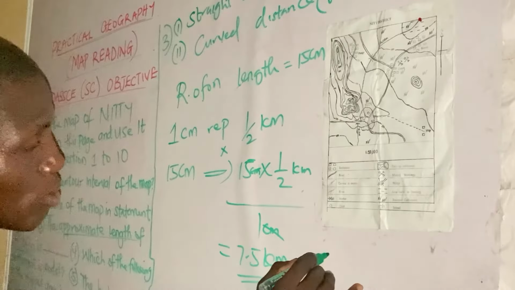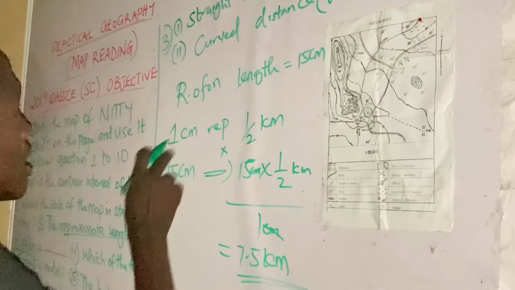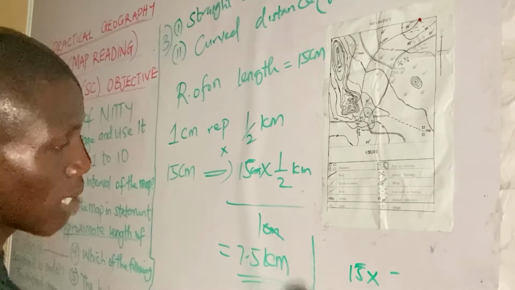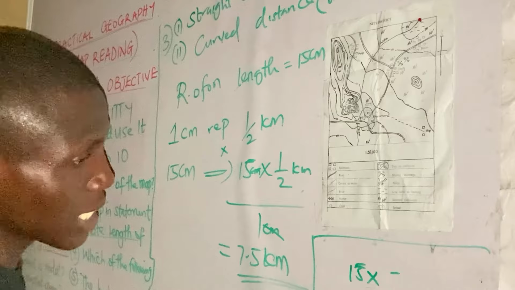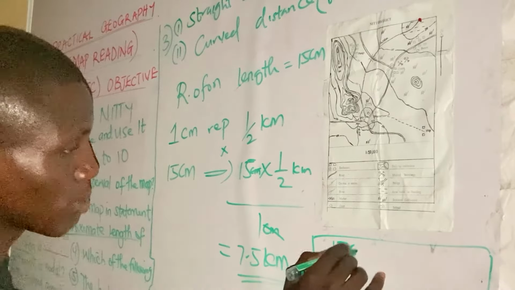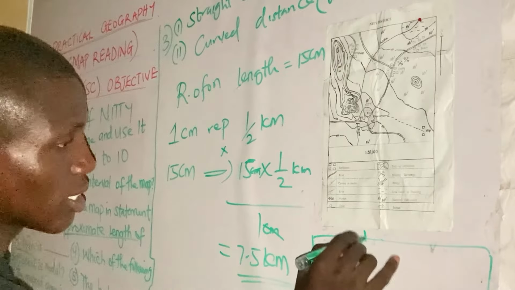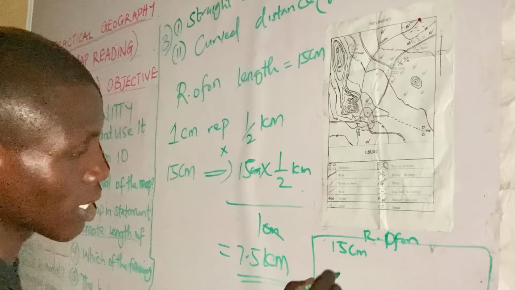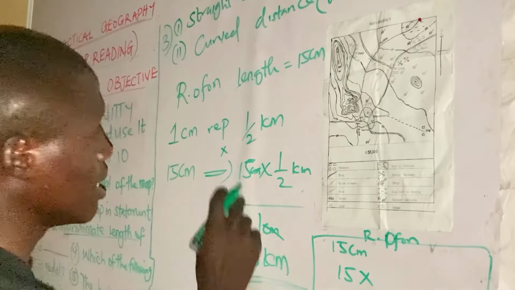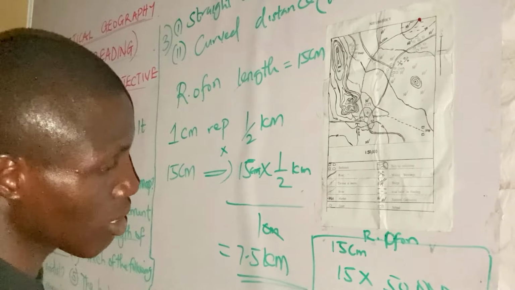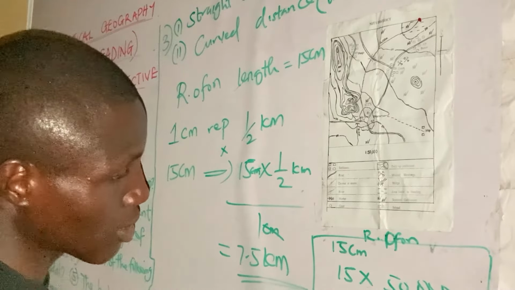What you just need to do is multiply what you get now, which is 15 times, using the scale directly instead of the statement scale. Since we get 15 centimeter to be the river, 15 multiplied by 50,000 over 100,000.